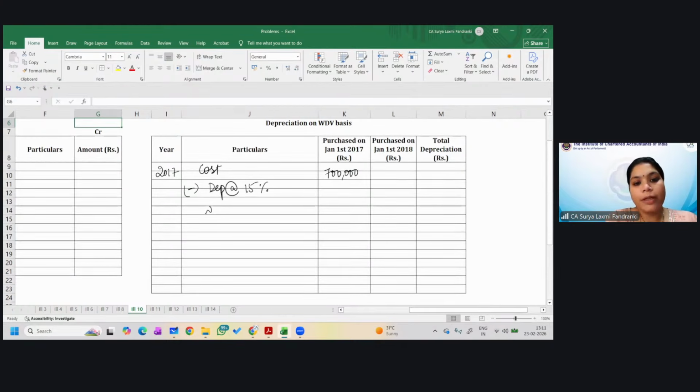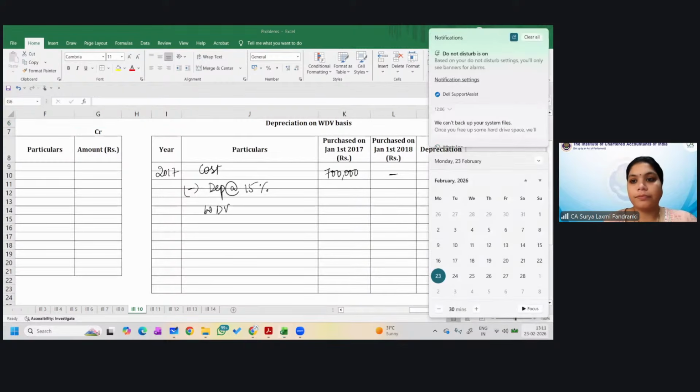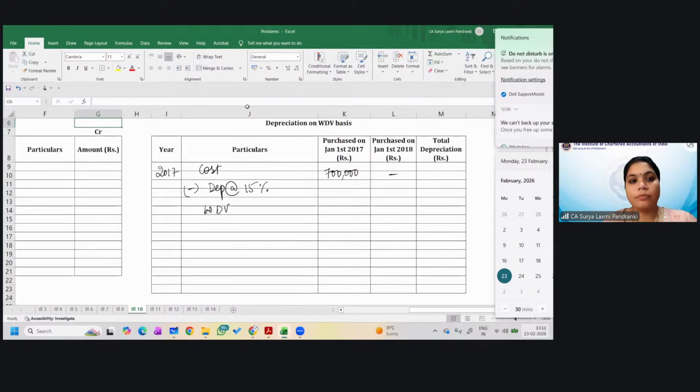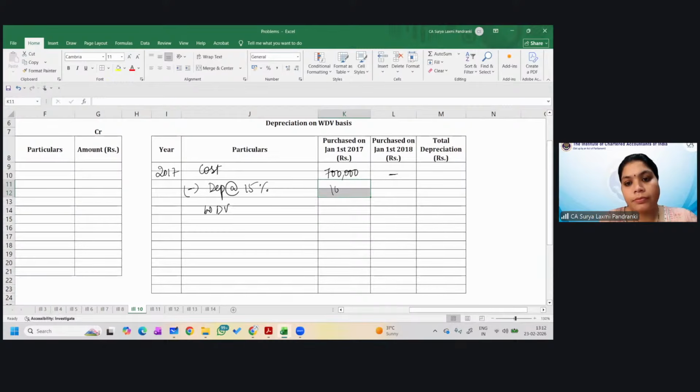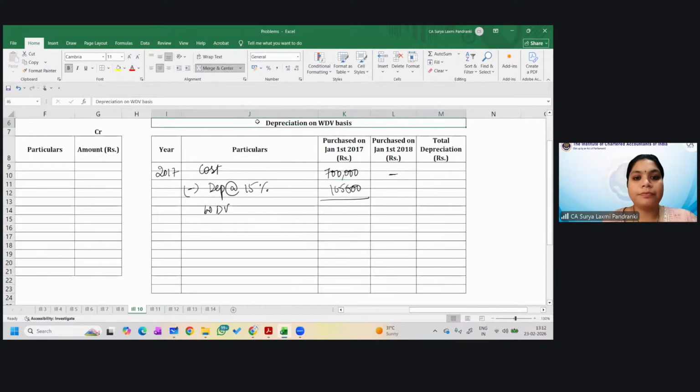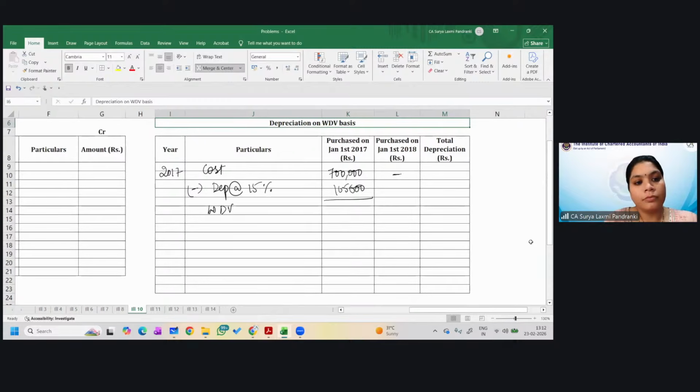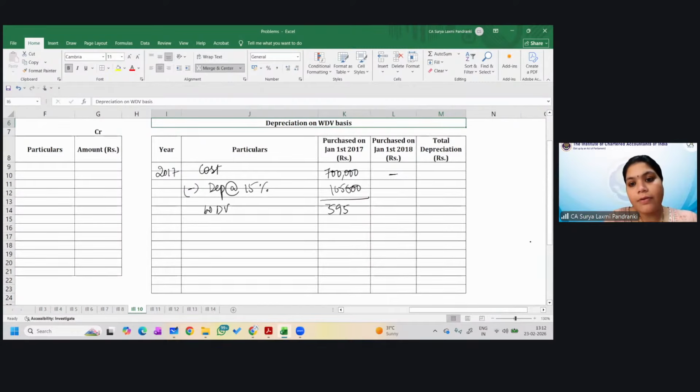Calculate the depreciation quickly. It is 1,05,000. What is the WDV? 5 lakh 95,000. Correct.